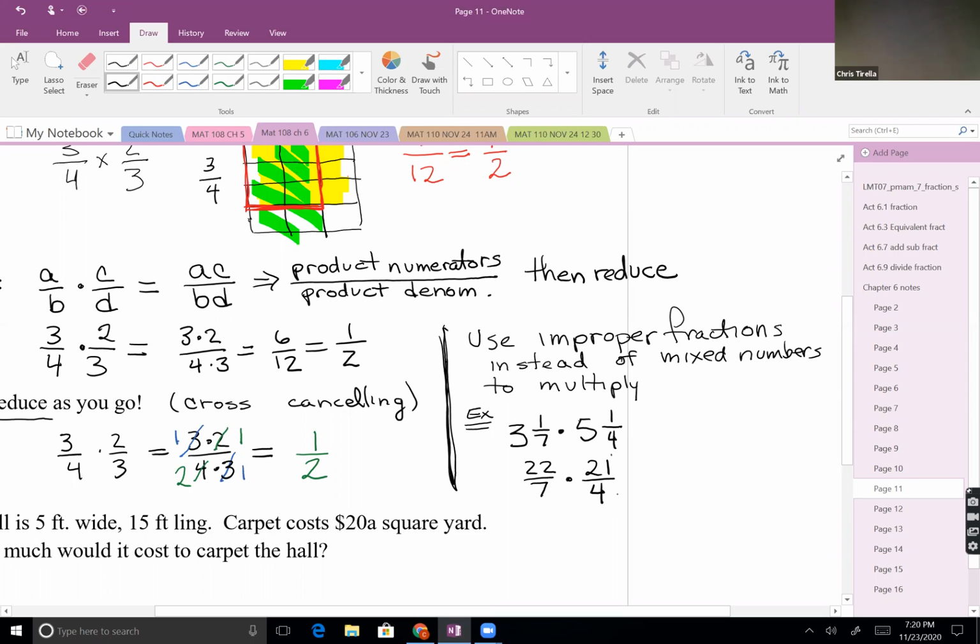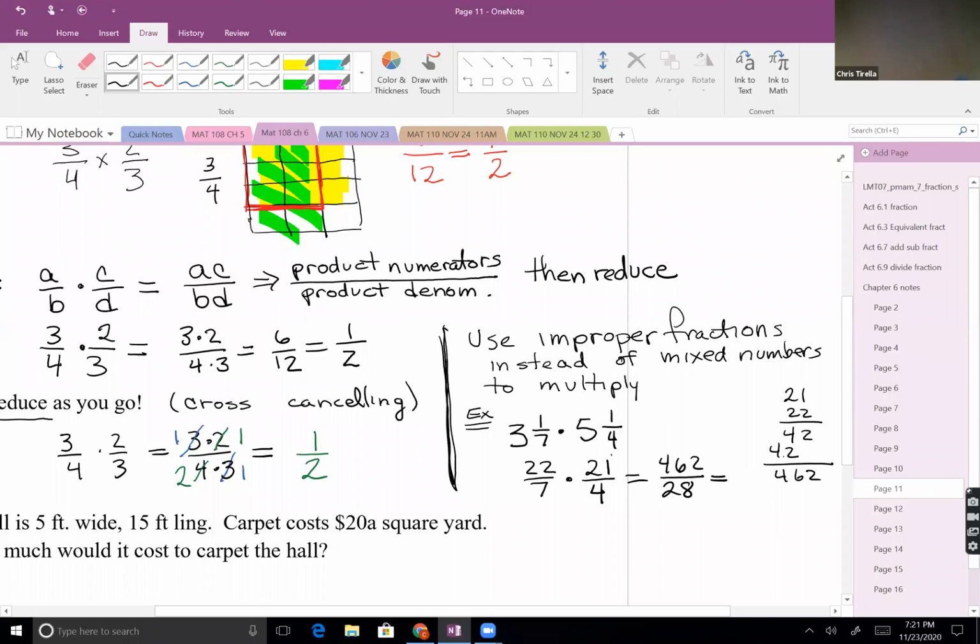And now with this one, we could just multiply across and reduce. But as I start looking at products like 22 times 21 and trying to reduce the fraction, let's see, if I have 21 times 22, I have 462 over 28.